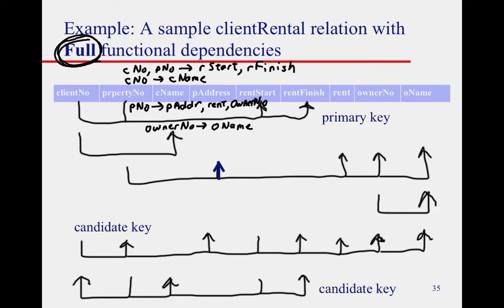Okay, so client number and property number are a primary key, but there's actually two other candidate keys in here.